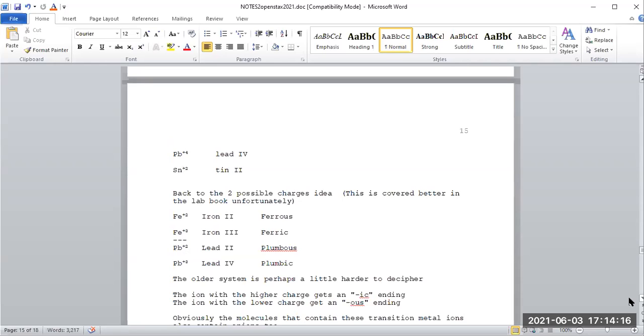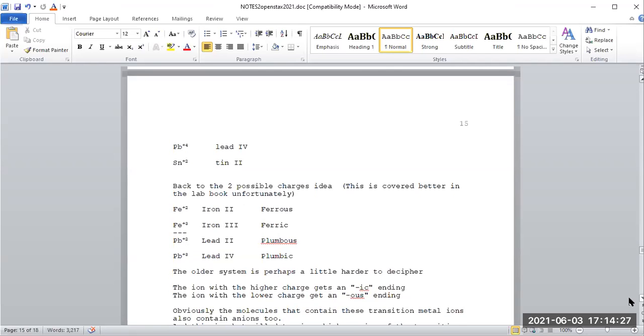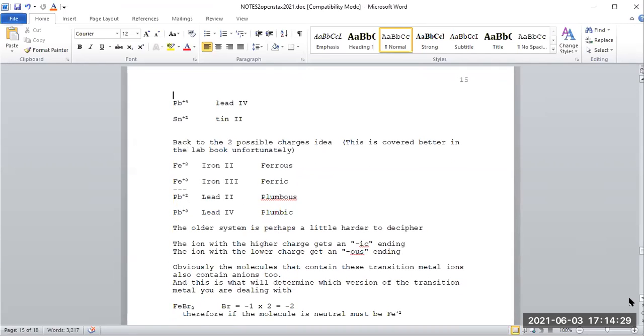At least 2 and occasionally 3. We're mostly going to focus on the 2 version. Iron has 2 options. Iron comes in +2s and comes in +3s. If we stick with the stock, the Roman numeral system, you can just literally write the Roman numerals next to the word.